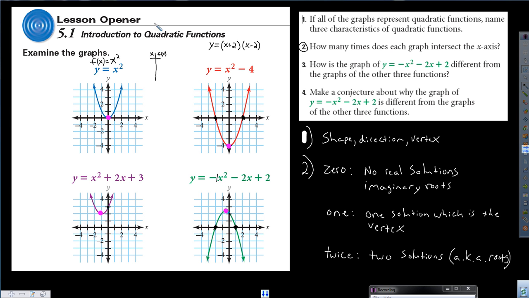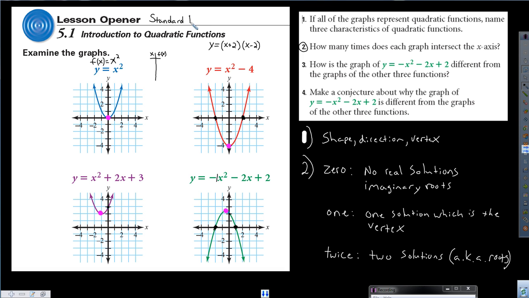We also could call it the a value because all quadratic functions can be written in this standard form. Remember, we had standard form for a line as well as slope-intercept form of a line. So we have the standard form of a quadratic function.